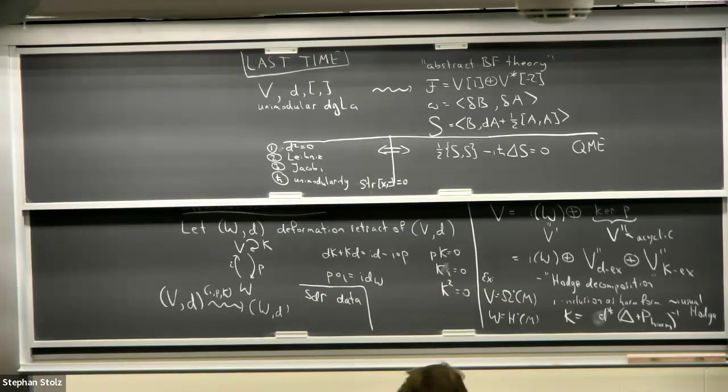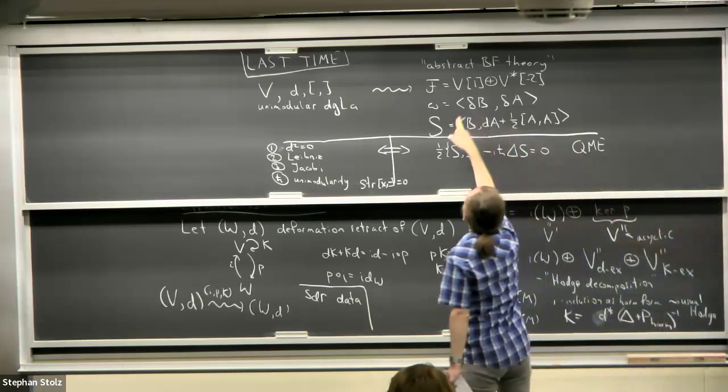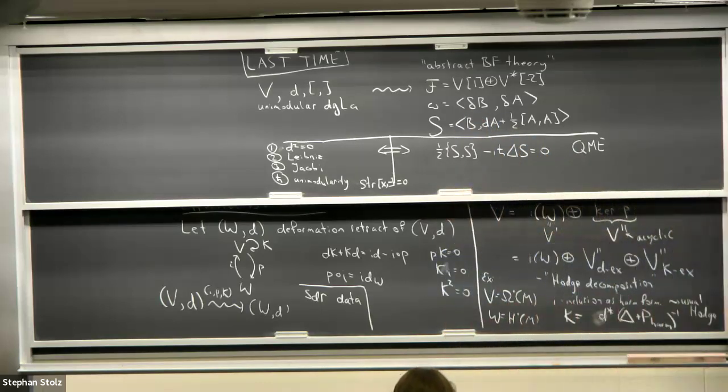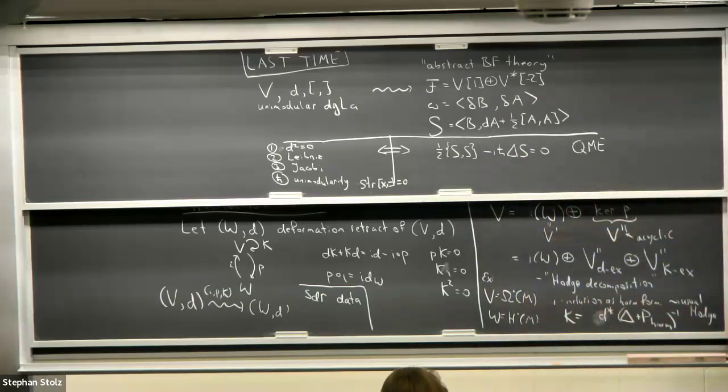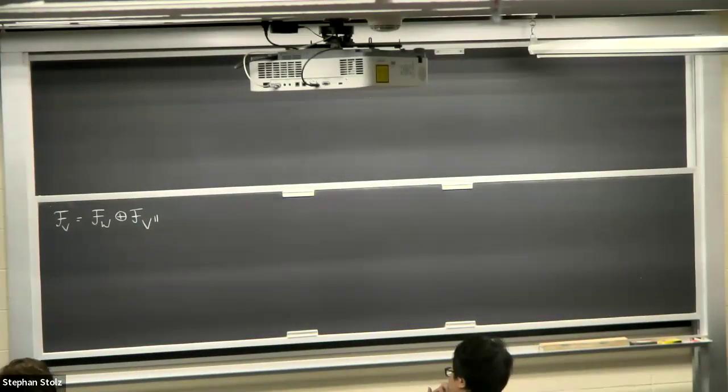Now I have the decomposition of the space of fields, a similar kind of doubling, but of W. So F of V is F of W plus F of V W prime. Essentially, I use this decomposition for V and a dual decomposition for V star.